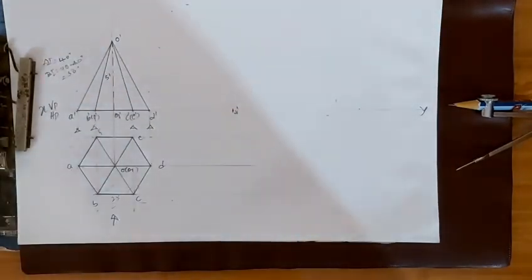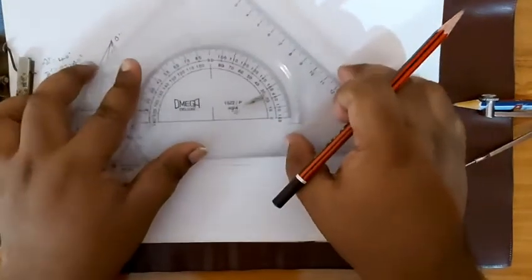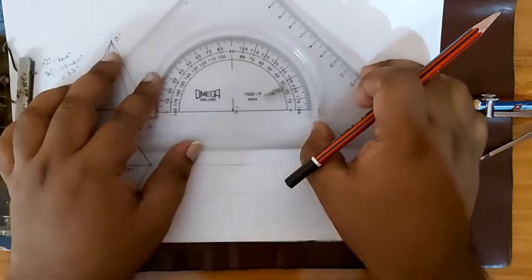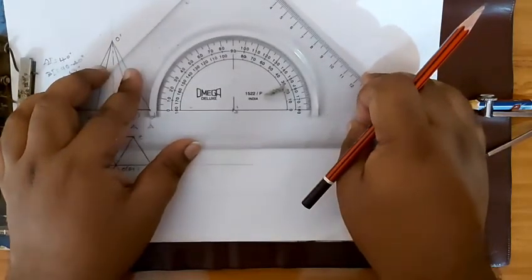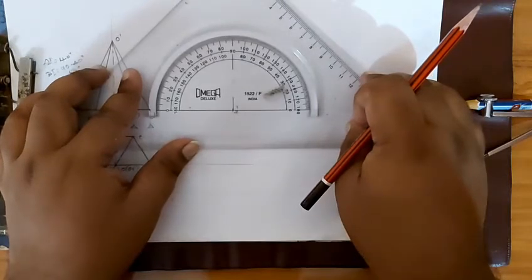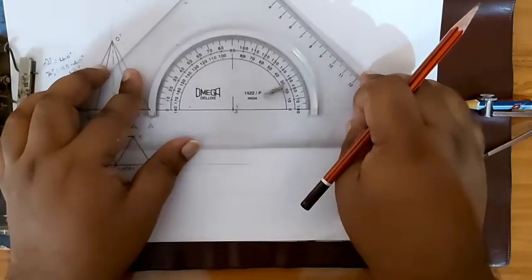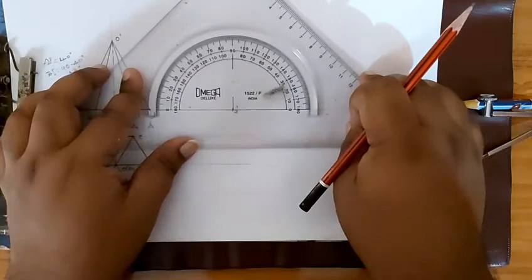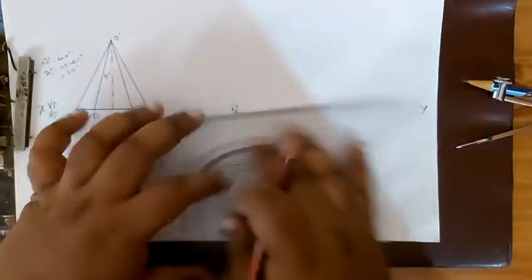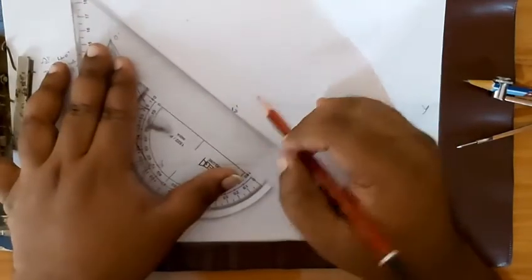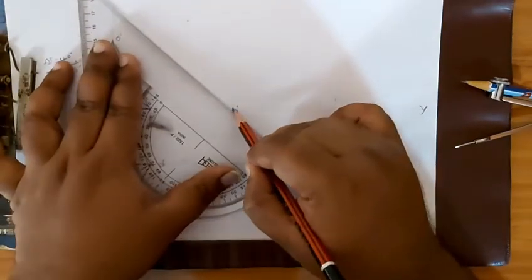So for the base inclination, I have already marked the D dash point. From that point I will take 50 degrees, and I will join it by a thin line.